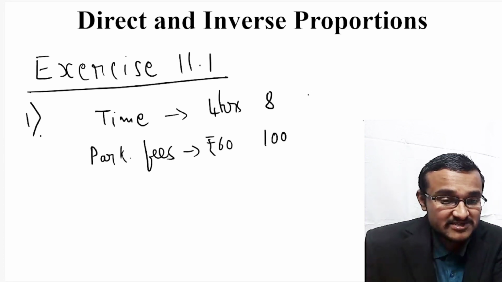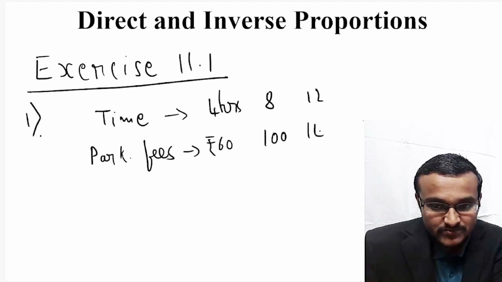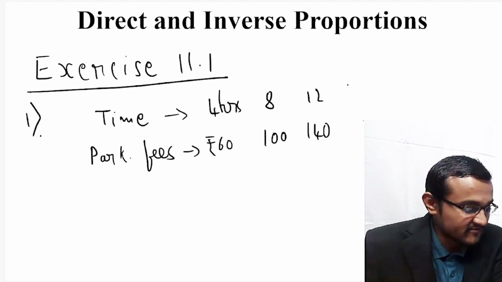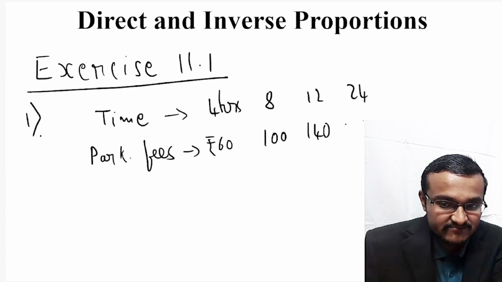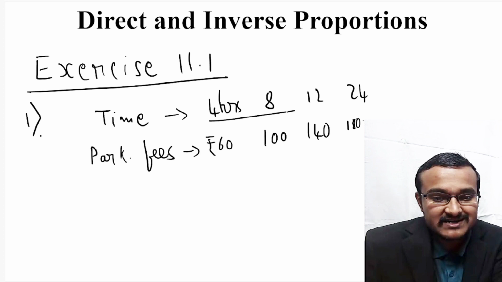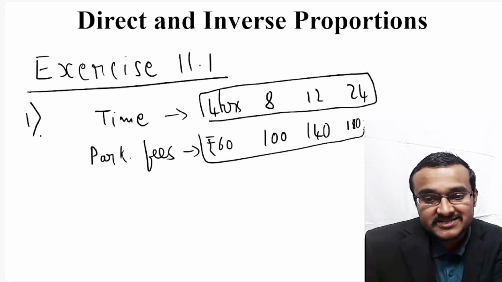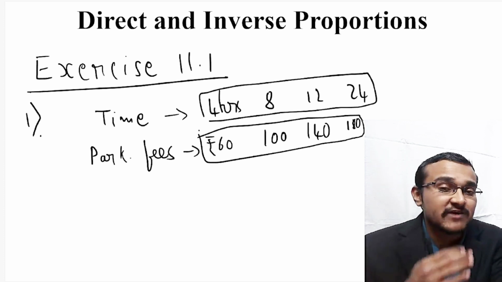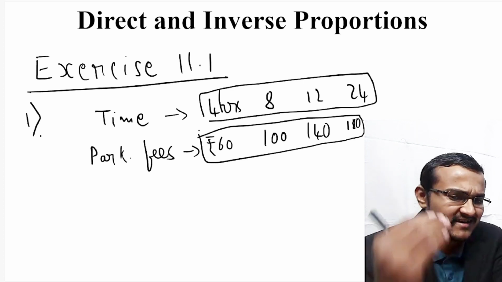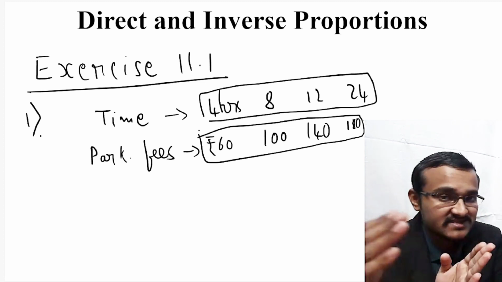When you are parking this vehicle for 12 hours, then the parking fees is 140 rupees. When you are parking the vehicle for 24 hours, then the parking fees will be 180 rupees. So here the time will act as x values, and 60, 100, 140, 180 will act as y values. You can clearly see as the time increases, the parking fees is also increasing.